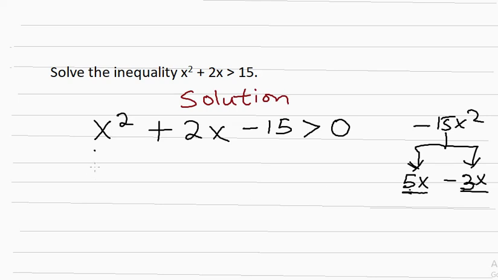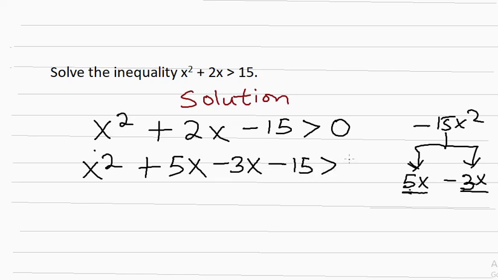So let's replace it. That's going to be x squared, in place of the middle term I'm having 5x minus 3x, then minus 15 is greater than 0. You know very well that I have to group this 2 by 2. For the first group, the common factor is x, so I open a bracket: x plus 5.